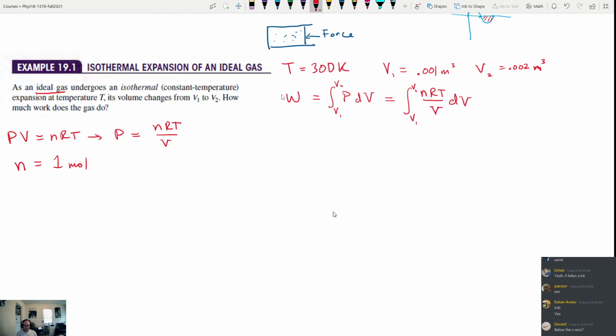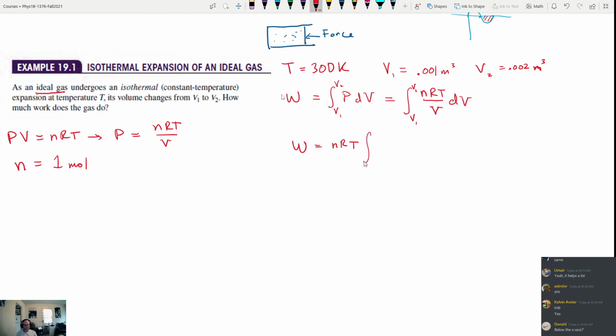All right, so now we want to evaluate our integral. We can pull out the n, the R, and the T. These will all be constants. R is obviously a constant. It says it's constant temperature, so we know we can pull that out. And then the number of moles. It's hard to imagine how the number of moles might change, assuming that we take this to be a closed system. Number of moles shouldn't change.